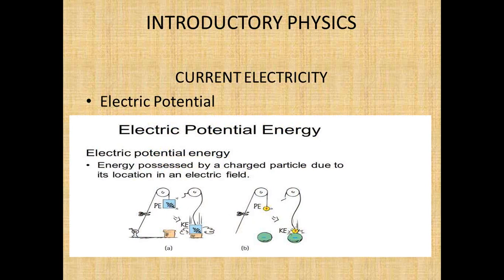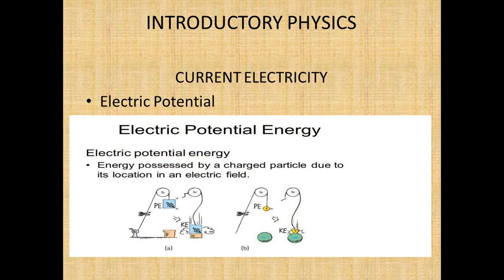With a positive source charge, the source charge is going to repel that positive test charge, so it's going to push it away. That is why the electric field lines go away from the positive source charge. So if you bring a test charge into that electric field, it's going to push it away.